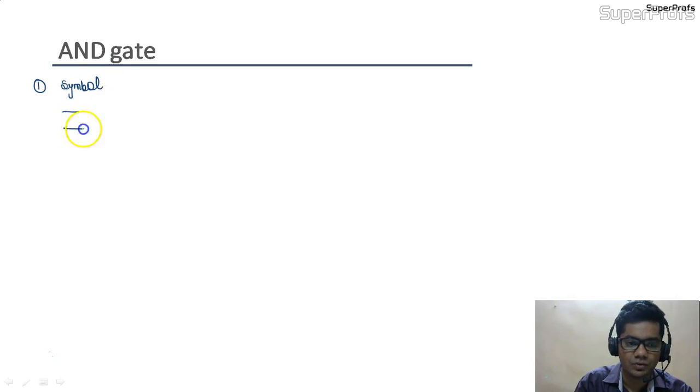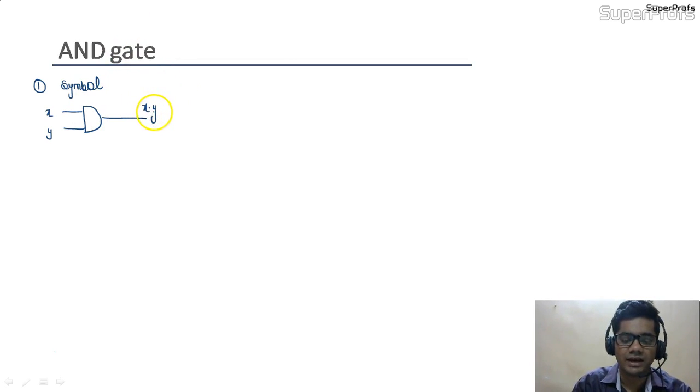See, there are two inputs X and Y, and the output is X dot Y. What is the meaning of X dot Y? It means that if both the inputs are logic 1 or in high level, then only the output would be in logic high level or logic 1.